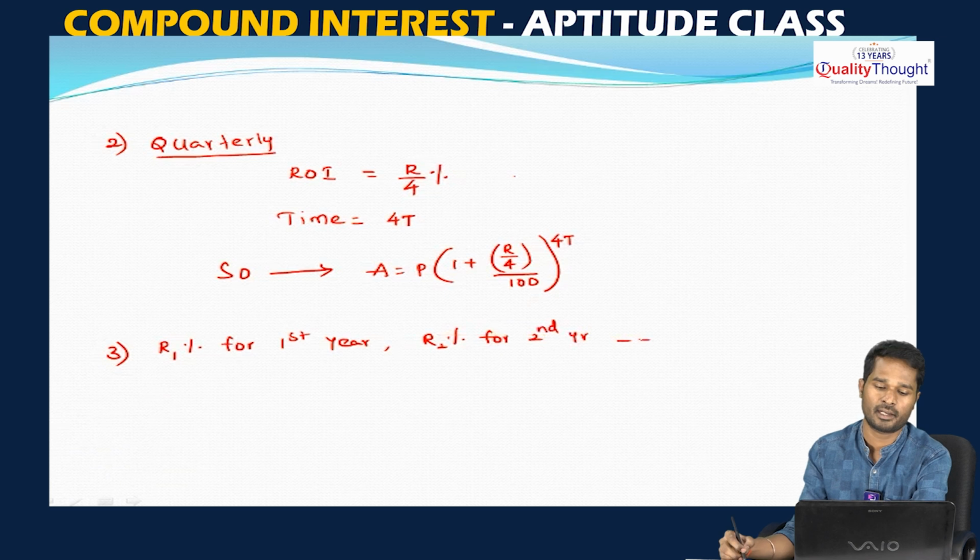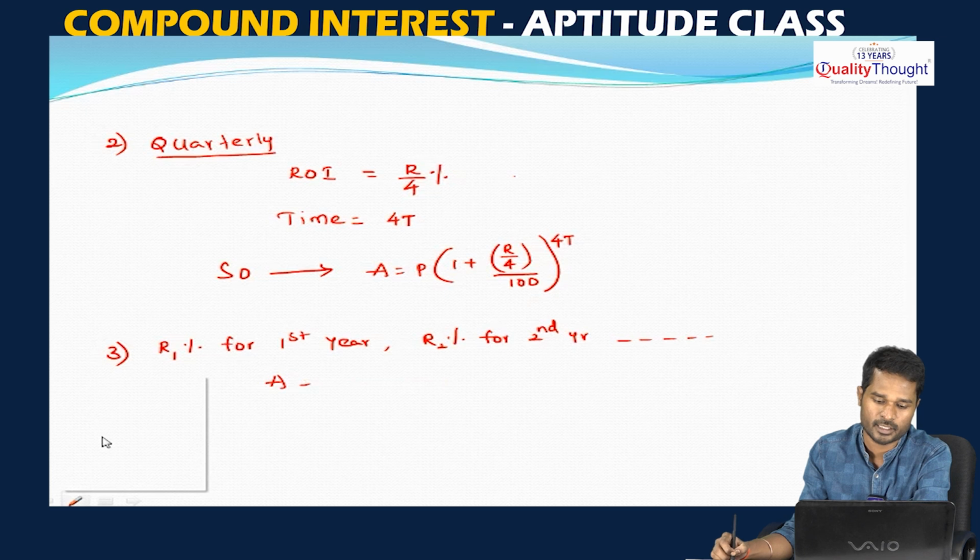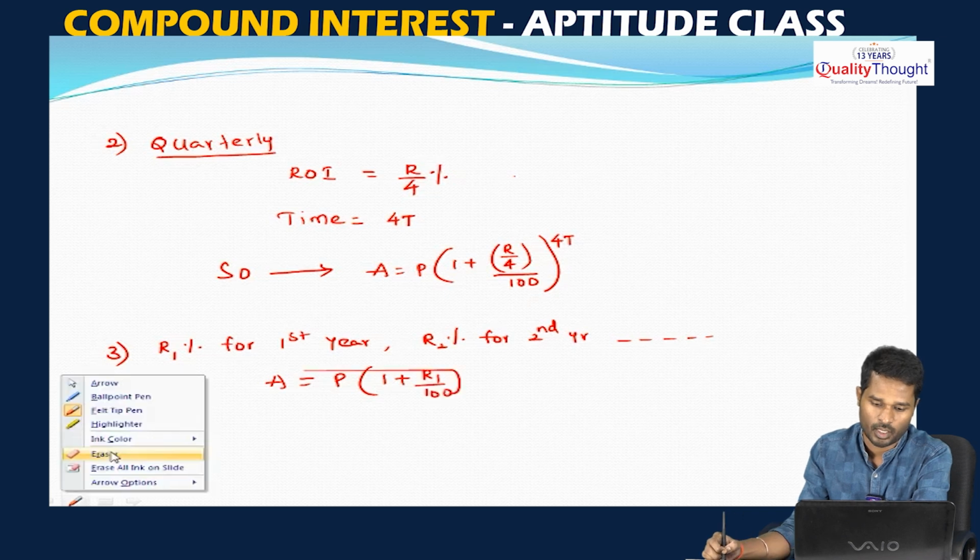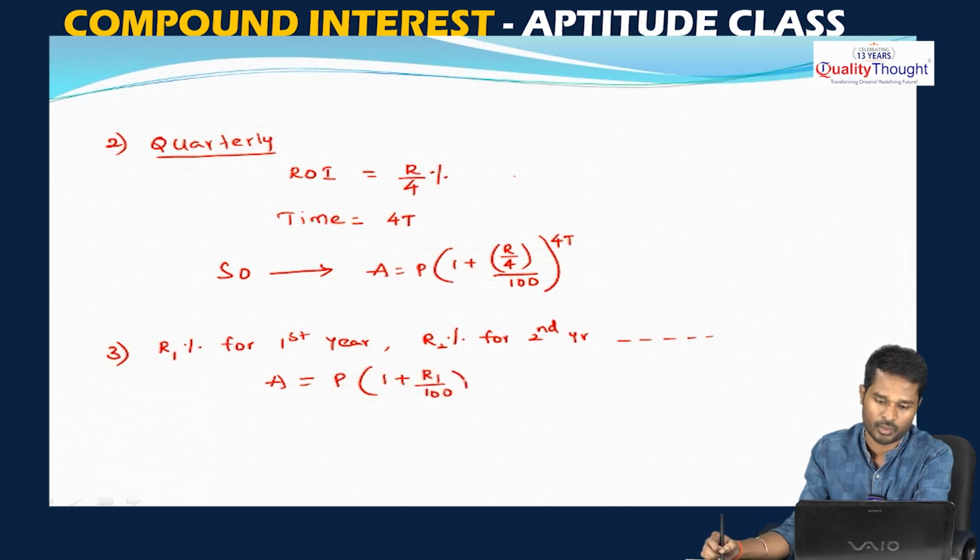If different rates of interest are there for different times, then the total amount A is calculated as P into 1 plus R1 by 100 whole power T1, into 1 plus R2 by 100 whole power T2, and so on.